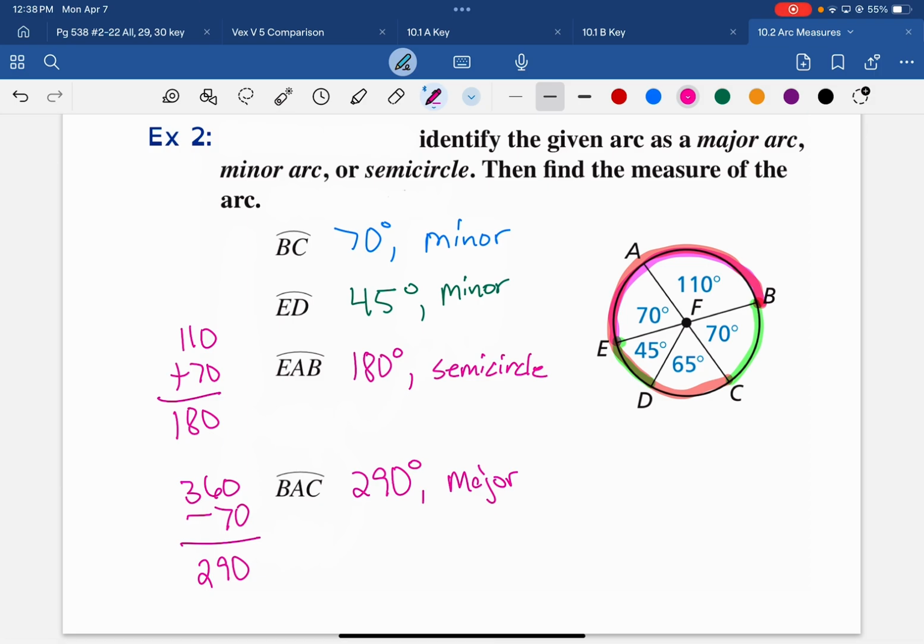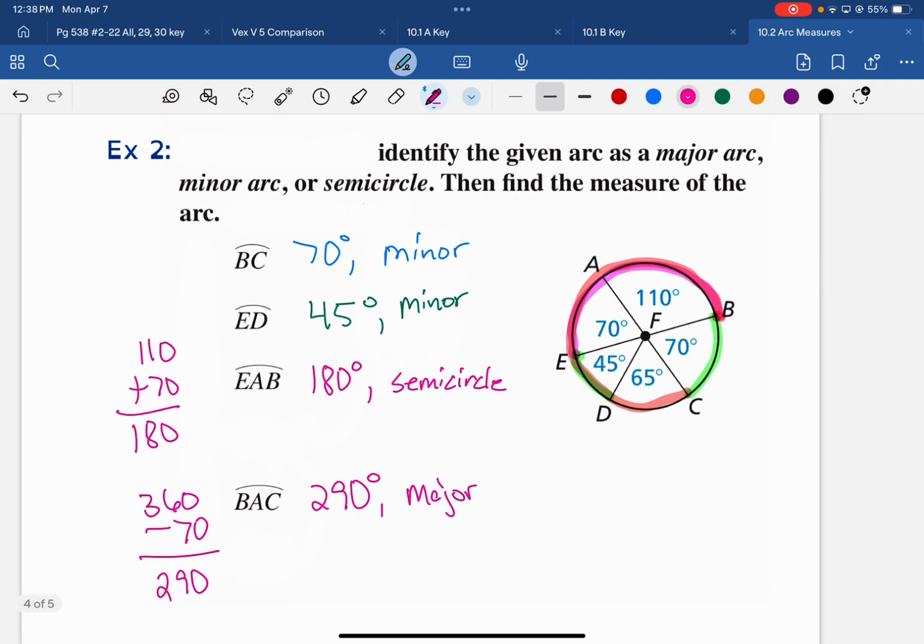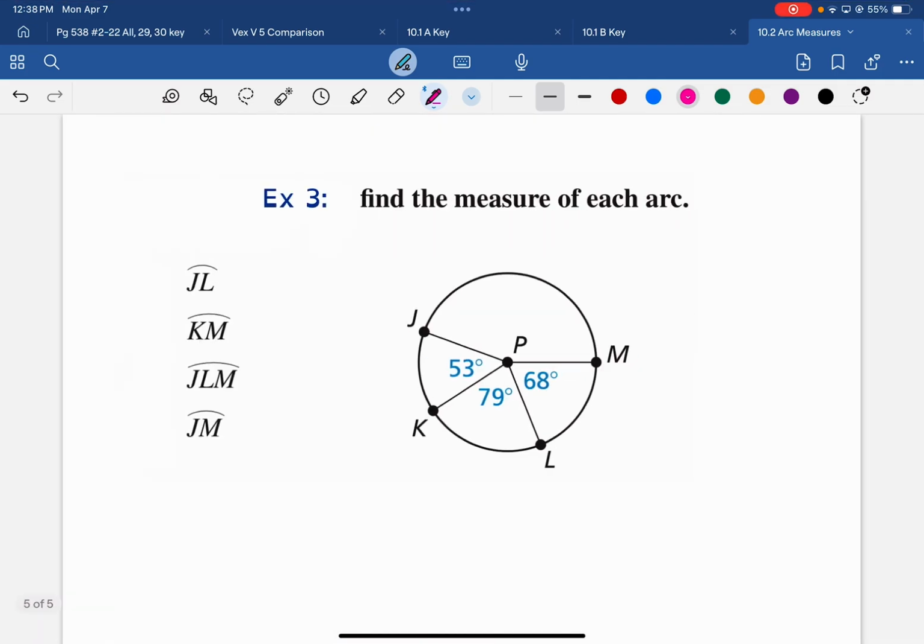Questions on that one? All right, last one. Find the measure of each arc. Okay, so it doesn't even tell me to identify it or anything. It just says find it. So JL. Abraham, to go from J to L, should I go clockwise or counterclockwise?